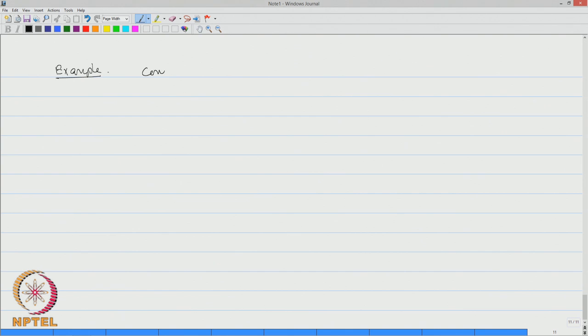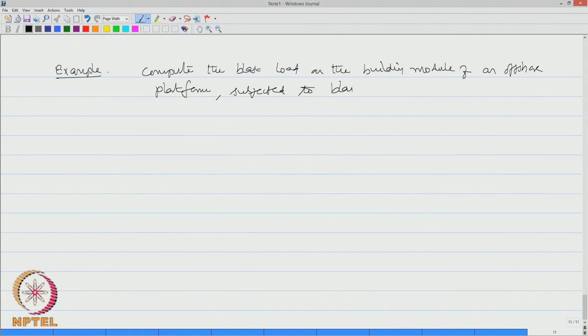So, let us say compute the blast load on the building module of an offshore platform subjected to blast wave traveling horizontally.